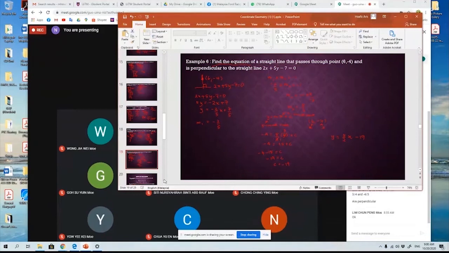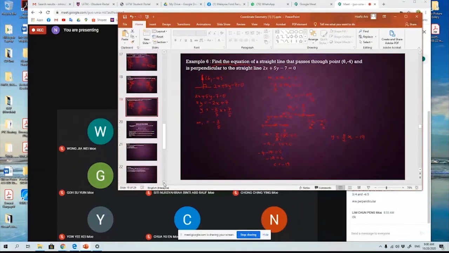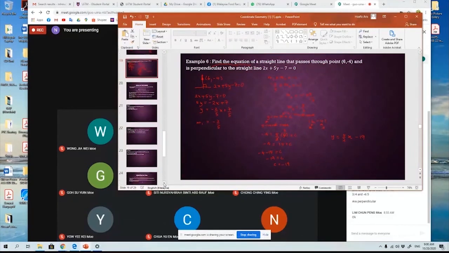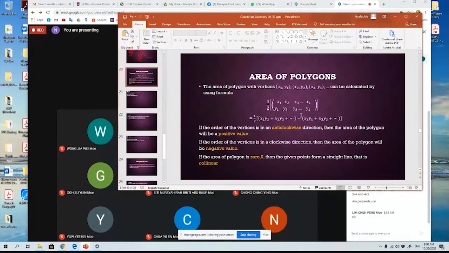Okay, we have about half an hour, so I proceed to the next subtopic, the area of polygons. Okay, interesting. Before we proceed to the new subtopic, area of polygons, Suhin, Jawei, UK, UN, Jinglin, Shahira, any questions?